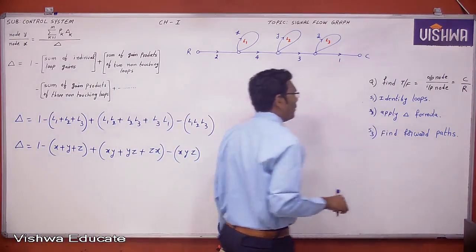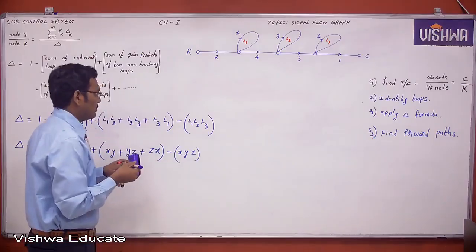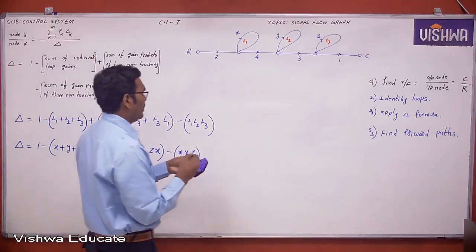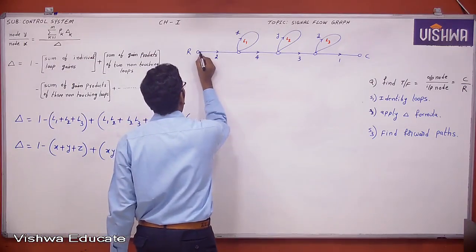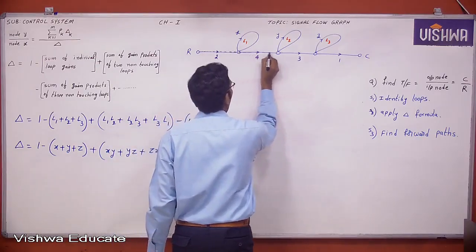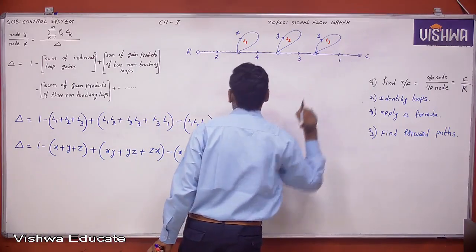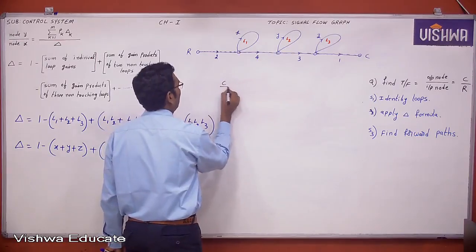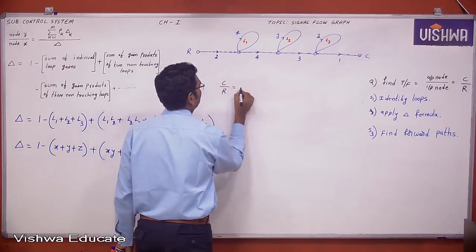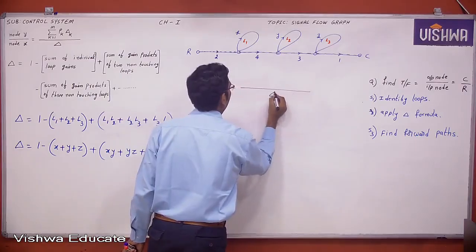Next, find the forward paths. How many forward paths? Only one forward path. Now, C by R. What is C by R? Delta is already calculated.